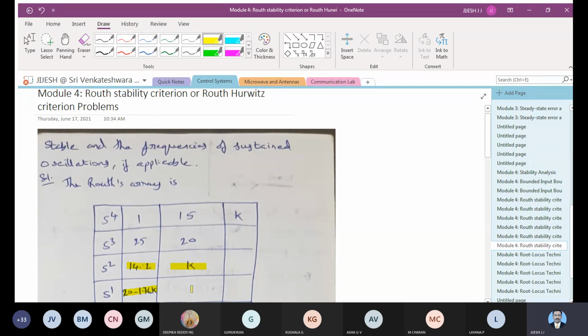What is the last value you will get? You can just find out: 20 minus 1.76 k into k, minus 14.2 into 0, divided by 20 minus 1.76 k.